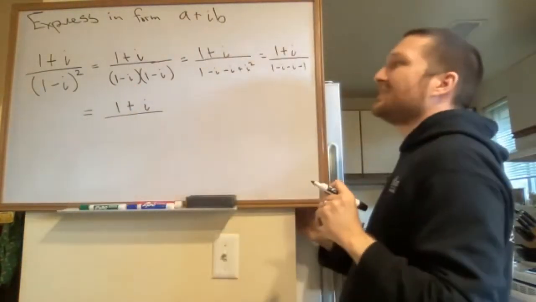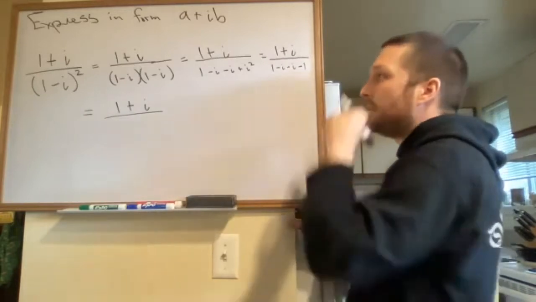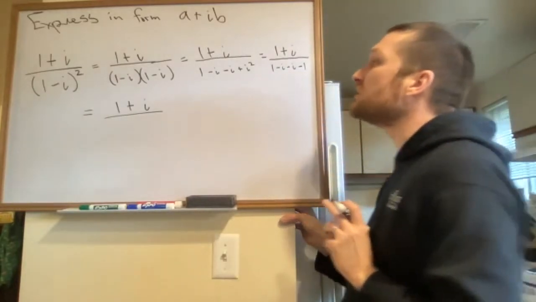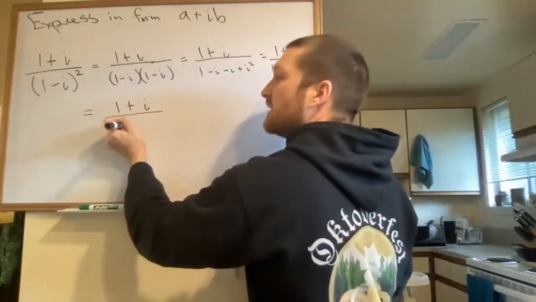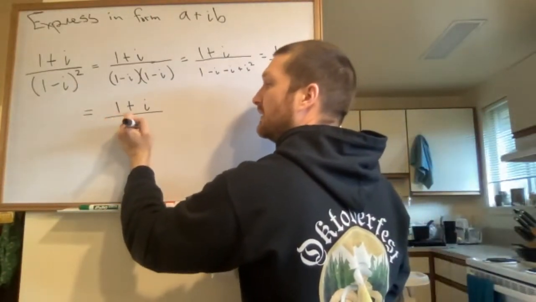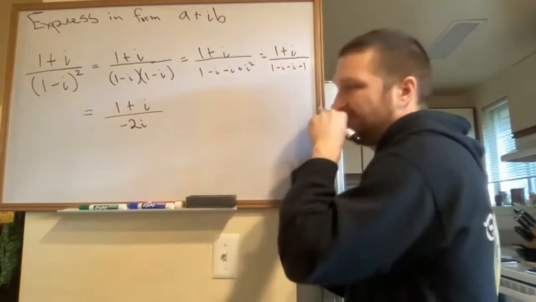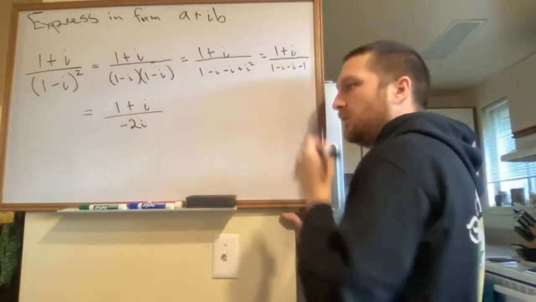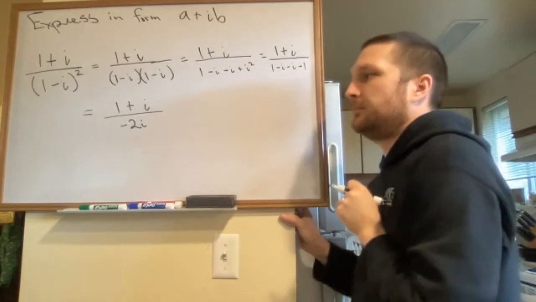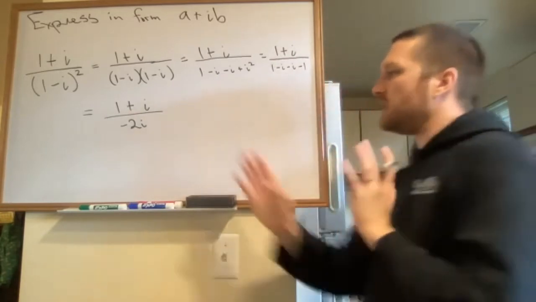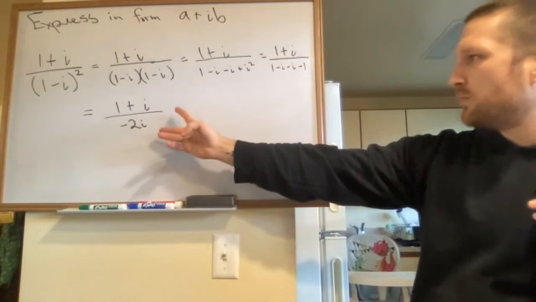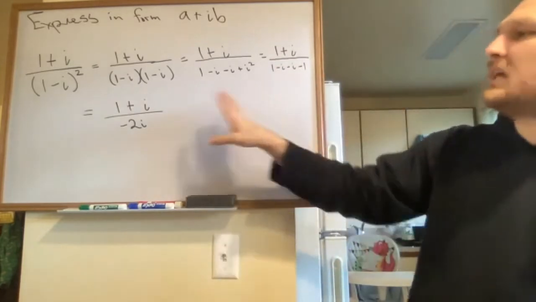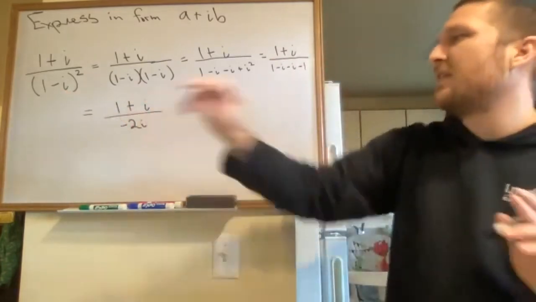But 1 minus 1 is gone, and now I just have minus i, which is minus, why don't we write it as minus 2i? Okay. Now again, are you here? Do you buy this? Do you believe this? Okay, all we did was just square that out and get it into that form.